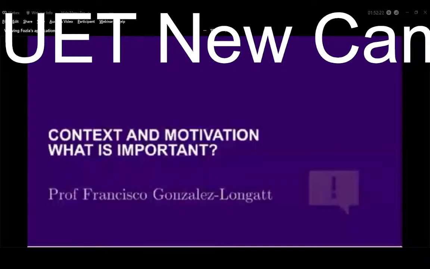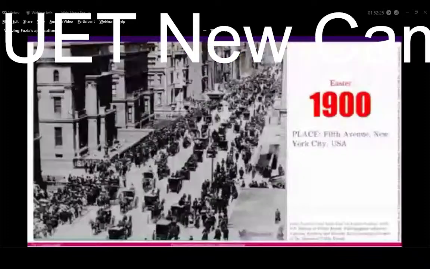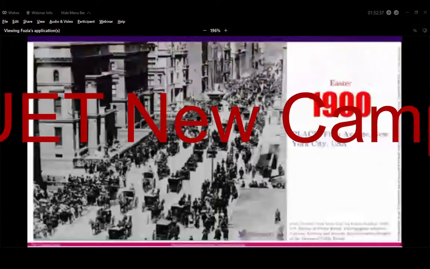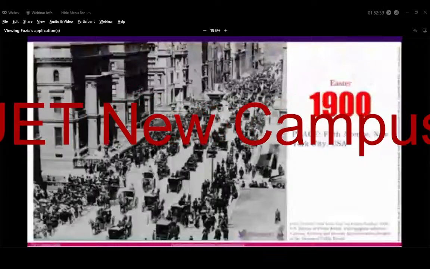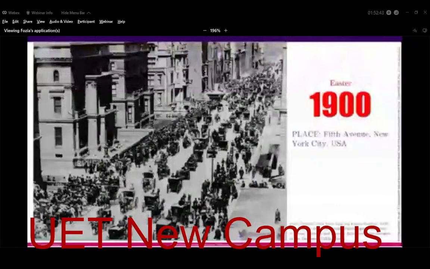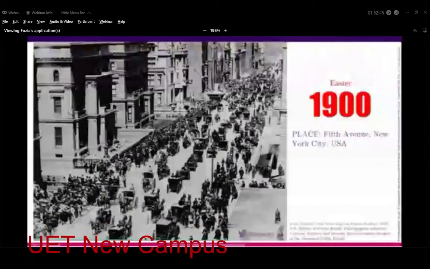I believe many of you know this photo. This photo is basically a photo taken in 1900s in United States of America. Specifically, we are talking about the Fifth Avenue, the famous Fifth Avenue in New York City. And this photo is basically taken on a Sunday, Easter Sunday in 1900.